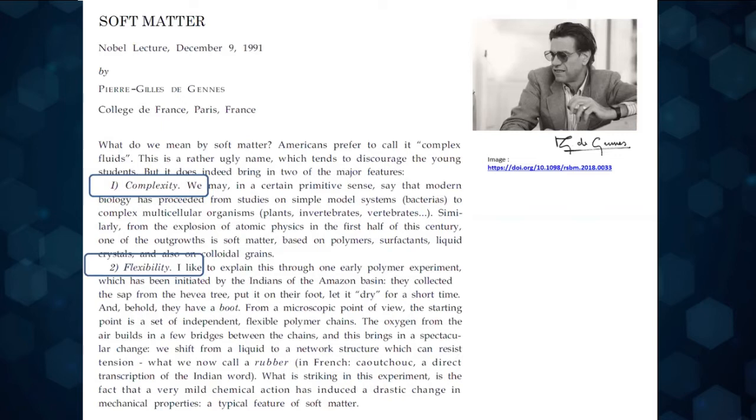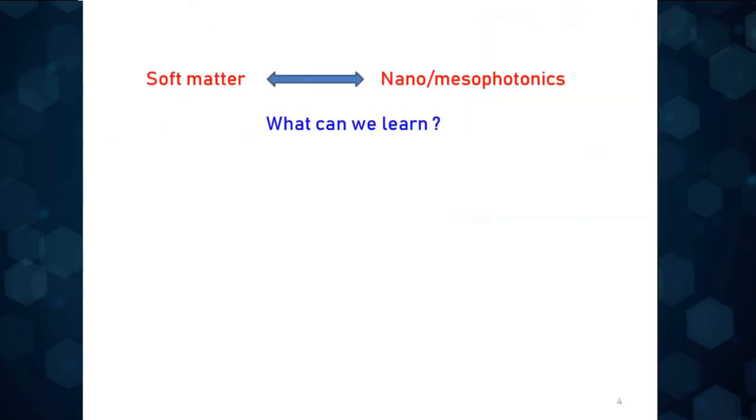Moving on, coming to this particular talk, what is important for us is to ask what we can learn from the interaction between soft matter and nano or mesophotonics. Nano or mesophotonics is a fancy word for doing optics at micro and nanoscale. But there are also implications of utilizing optical properties for some functional devices. So there are very interesting prospects of interfacing soft matter and nano mesophotonics.